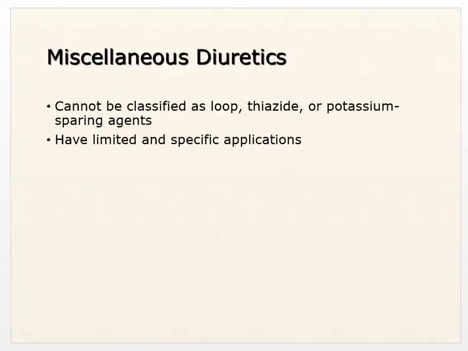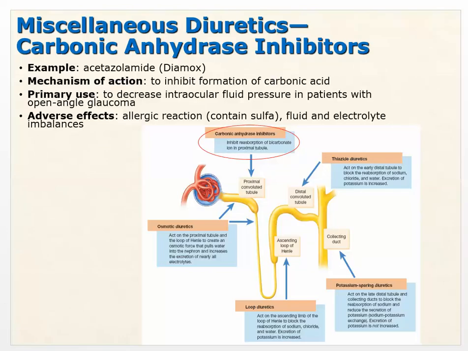So now there are some other miscellaneous diuretics that cannot be classified as loop, thiazide, or potassium sparing. We've gone through those, and these have limited and specific applications. The first one we're going to talk about is carbonic anhydrase inhibitors. It works more in the proximal tubule.